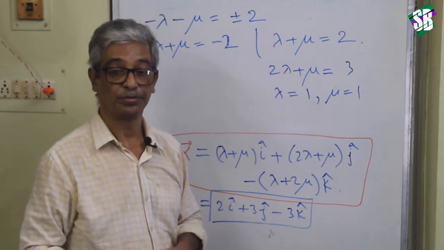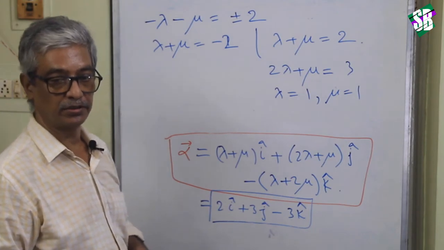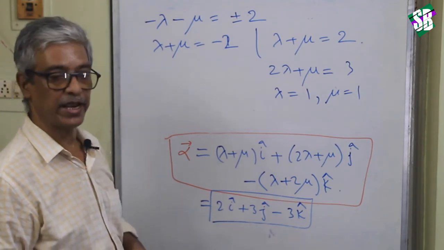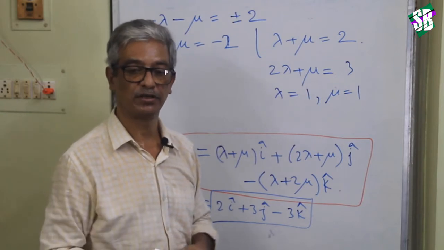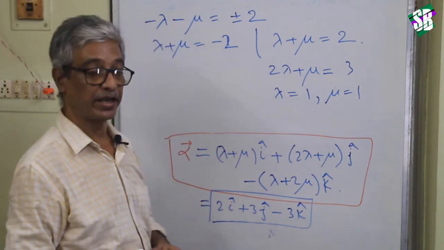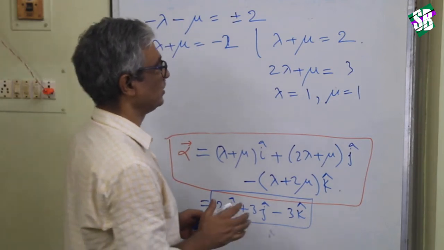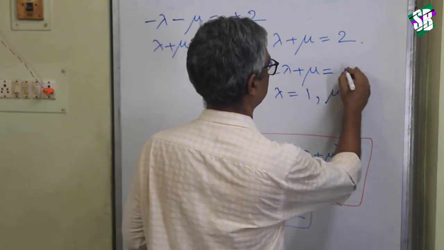And what about option D, and option C? In that case, since the coefficient of j cap in C has been taken as minus 1, then you have to take this as minus 1.